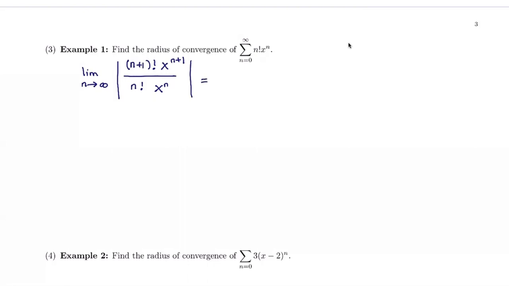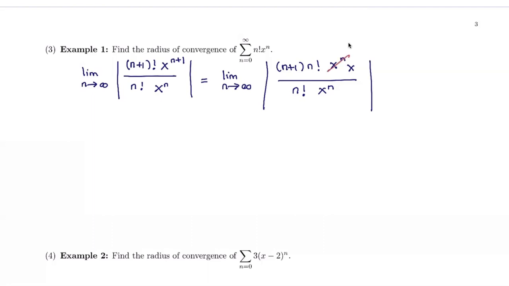Splitting up the x to the n plus 1, we will end up now with the limit as n goes to infinity of the absolute value of (n plus 1) times n factorial, all times x to the n times x in order to get x to the n plus 1, divided by n factorial times x to the n.